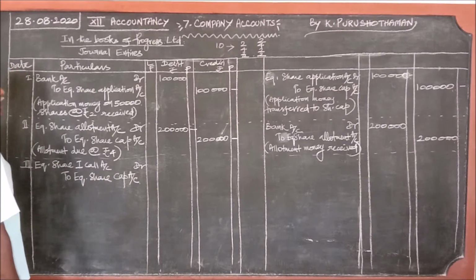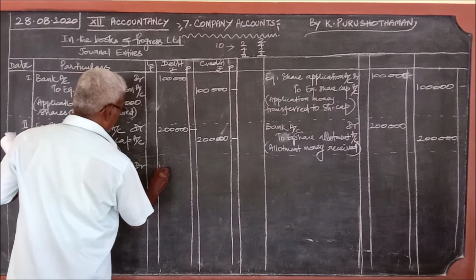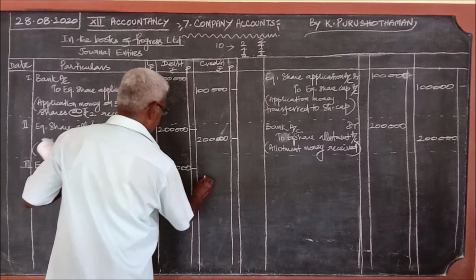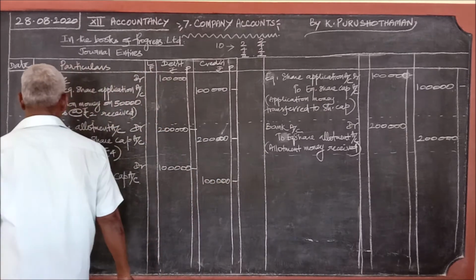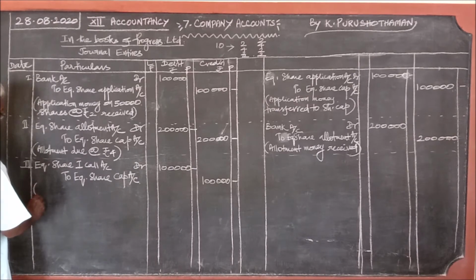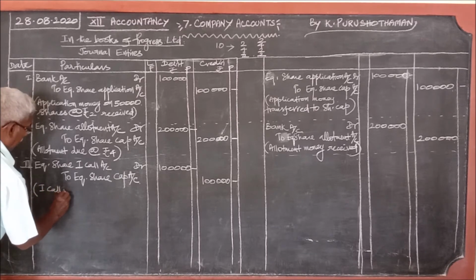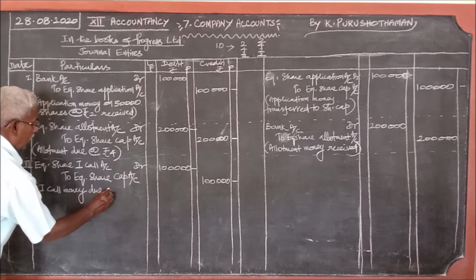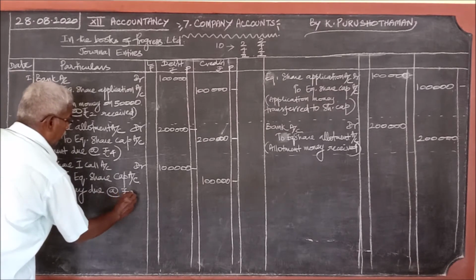The first call money will be 2, therefore 2 into 50,000, 1 lakh. What should be the narration? The narration will be: first call money due at the rate of rupees 2.